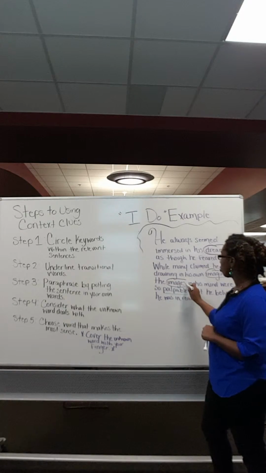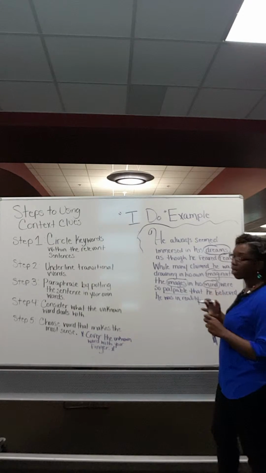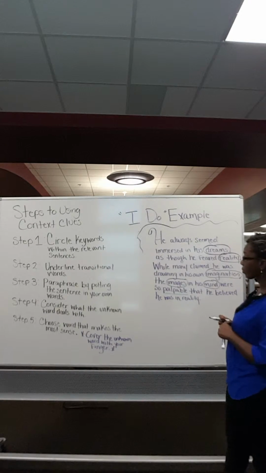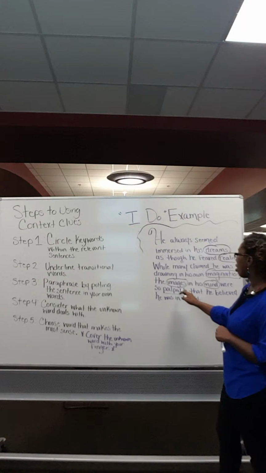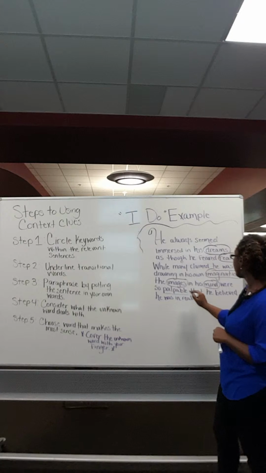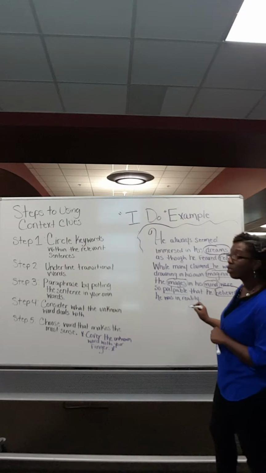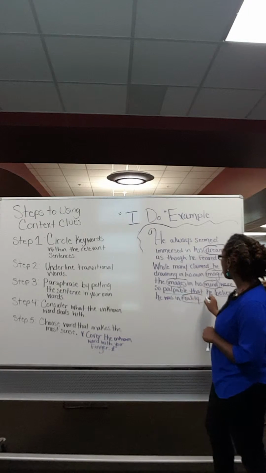Images deals with dreaming and reality again. His mind, okay, we're talking about his mind because we're talking about dreaming and reality. And palpable seems to be describing the images. I'm also going to circle the word believed, and I'm going to circle the word reality again.